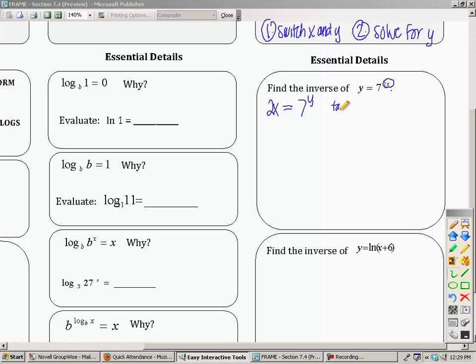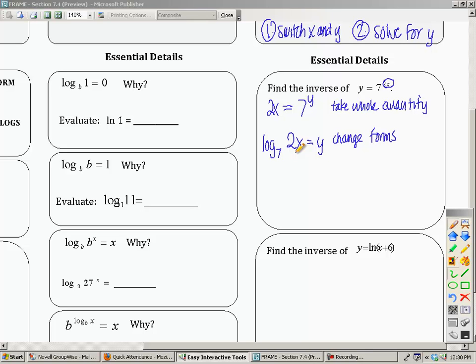So the second thing we're going to do is change forms. If I change forms, I have to go to log form. If I look at this, it's log base 7 because 7 is the base of the exponent. We said the exponent stays by itself and the 2x goes in with the log.